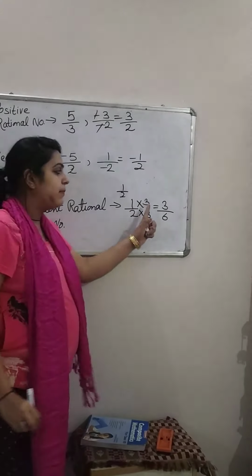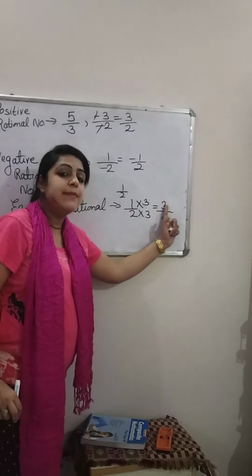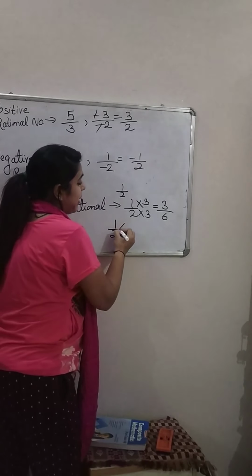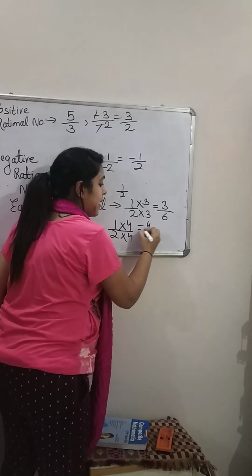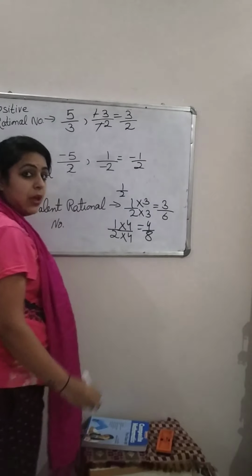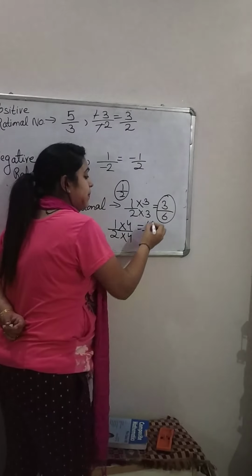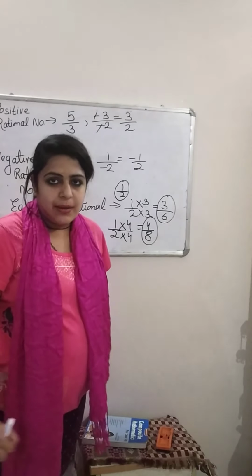I multiplied the numerator by 3 and the denominator by 3. It becomes 3 upon 6. Then, I multiplied 4 in the numerator and 4 in the denominator. This becomes 4 upon 8. All these three rational numbers, 1 upon 2, 3 upon 6, 4 upon 8, are equivalent rational numbers.